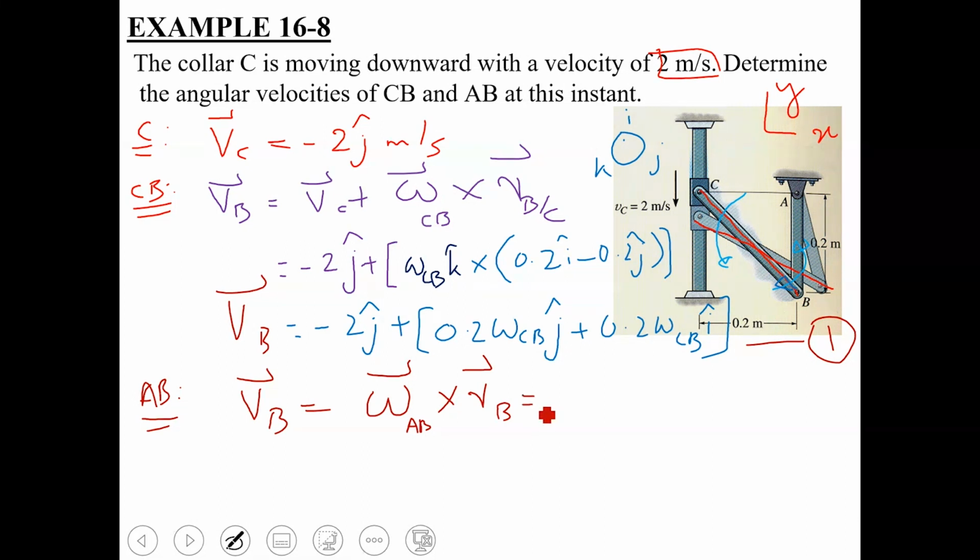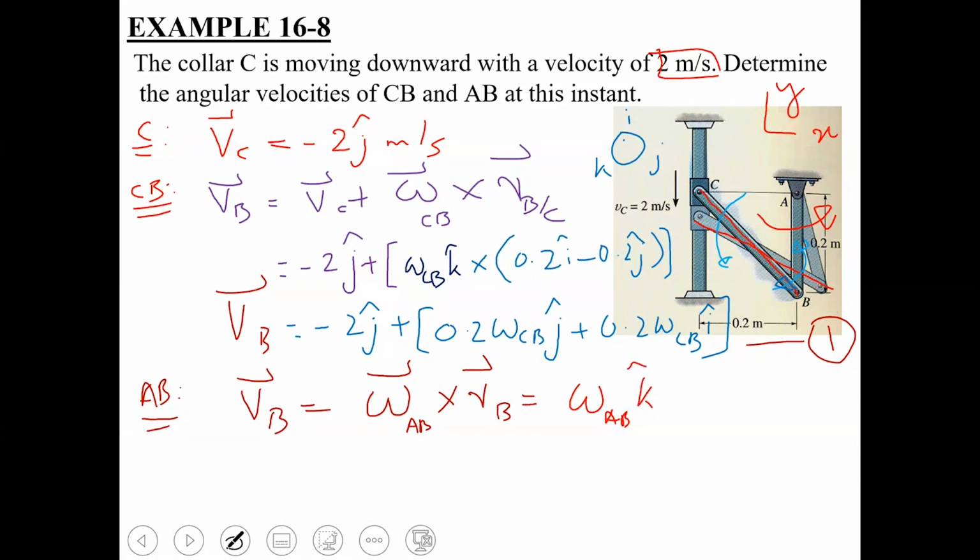As far as the vector form of this omega is concerned, if the collar is coming downward, in which direction would link AB be moving? Right side. So this link AB would be traveling towards the right side. In other words, the angular velocity of this link is going to be in a counterclockwise direction. So omega AB vector can be written as omega AB K. Is it clear to all of you?